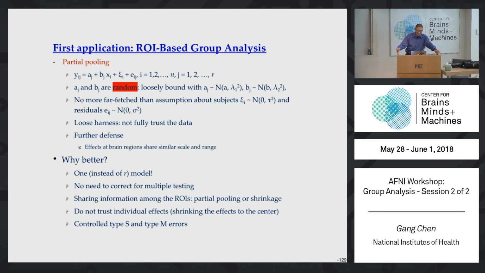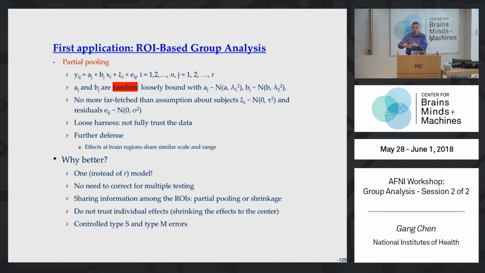So that's why in the model, look at the second row, I make the assumption that A sub j, B sub j, they follow some Gaussian distribution. That is the crucial point. So I don't assume they are constant. I assume they follow some Gaussian distribution.